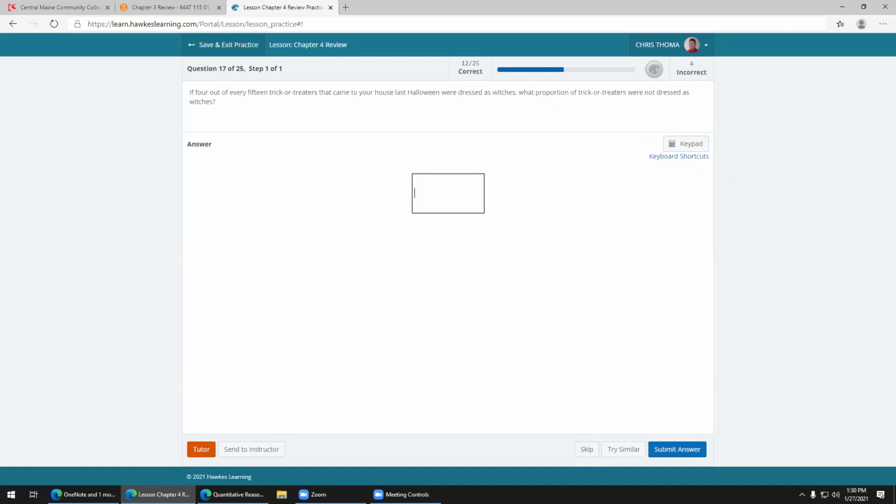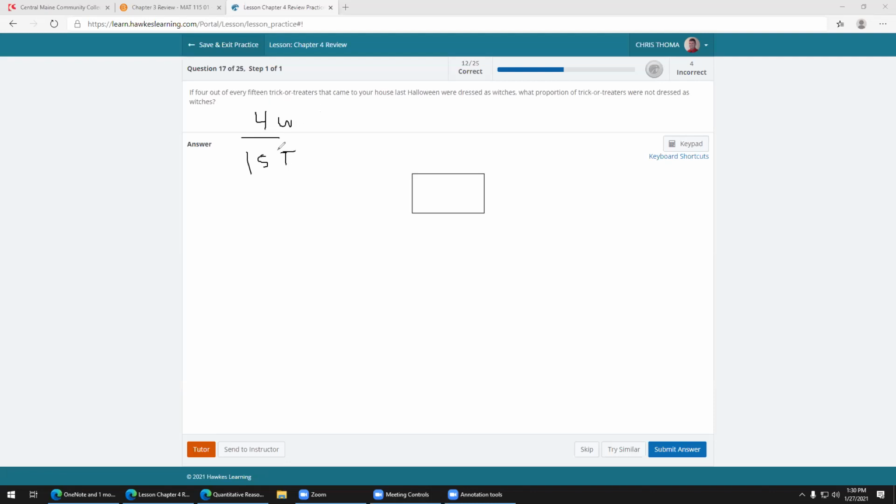Now, there's no numbers here, so we'll kind of write this out, because I know a lot of you just see the words without the numbers and your anxiety starts to pick up a little bit. So just to show this, not too bad. If 4 out of every 15 trick-or-treaters that came to your house last Halloween were dressed as witches, so every 4 kids out of 15 total, 4 were witches.